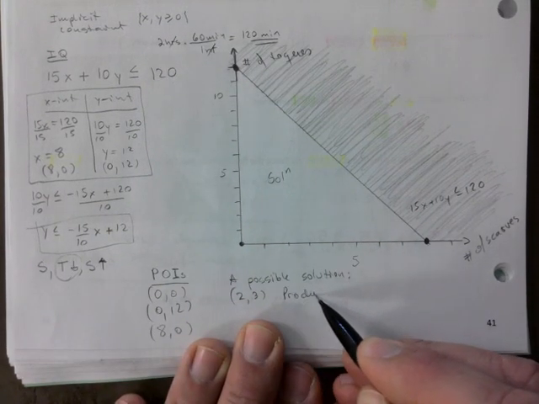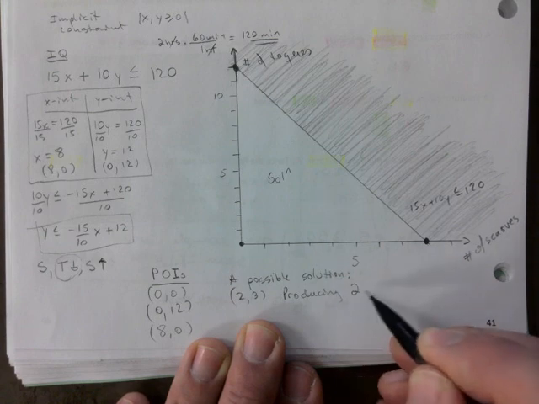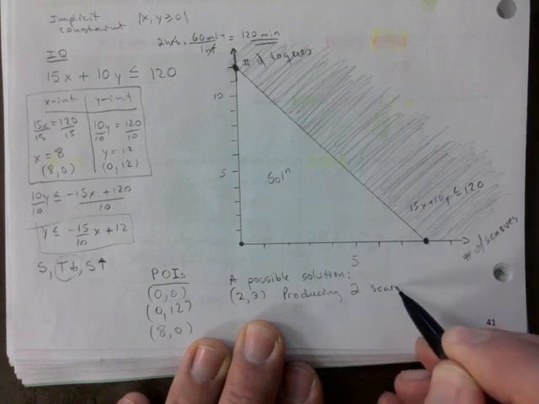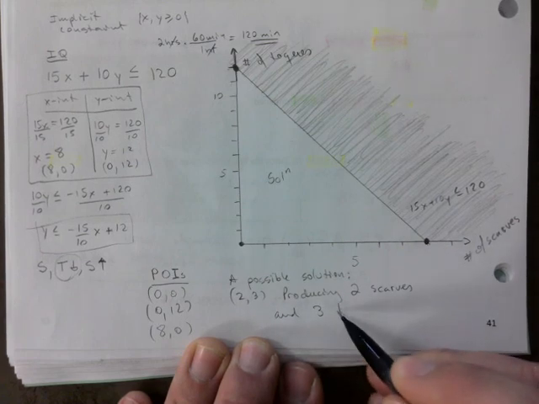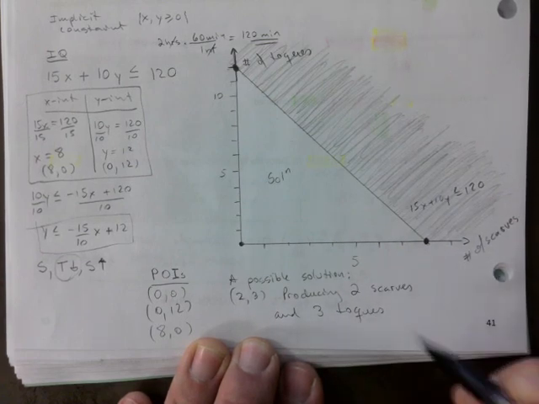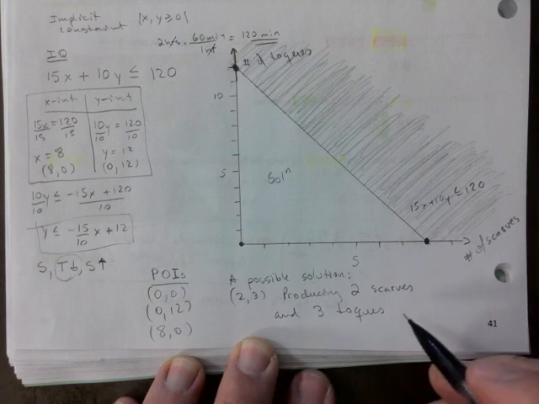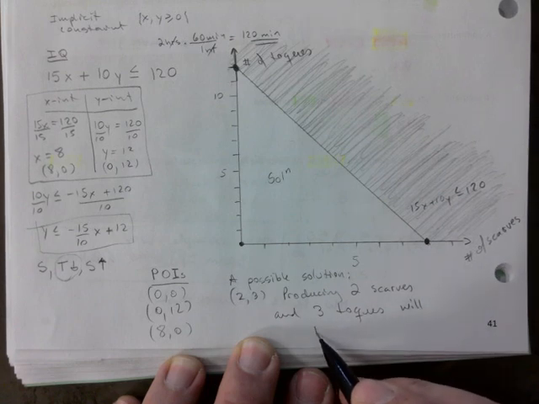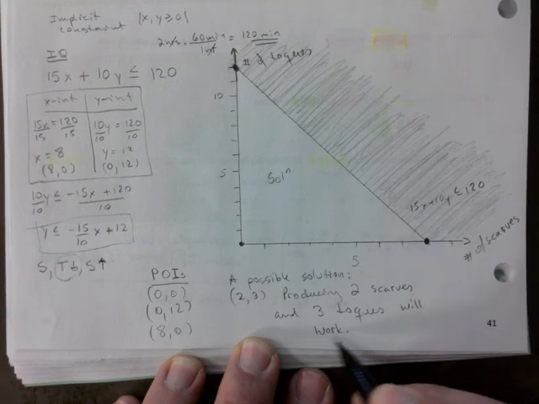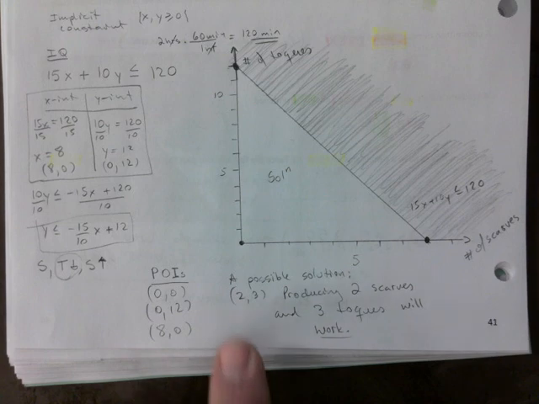Producing 2 scarves and 3 toques will work. Okay. You could plug that in your inequality and actually make sure, but in this case, I'll just keep it at that.